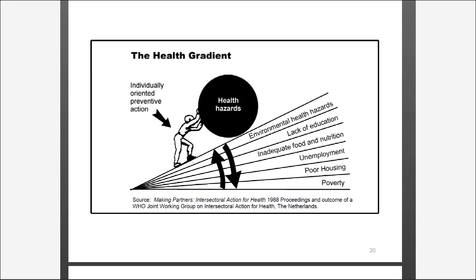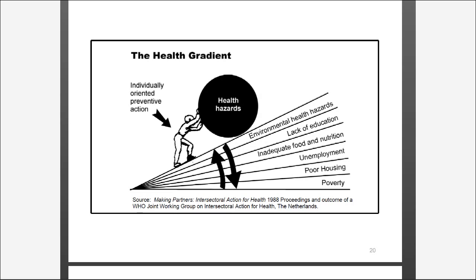And we know that because this gradient is being held up by a number of different issues that disproportionately affect people lower down the ladder. So the environmental health hazards that you get by living closer to a factory or a major roadway, the lack of education that you might experience, or at least the relative lack of education if you are an Indigenous child in this country because of differences in funding, for example, or if you live in a neighborhood in a city that just isn't well served by schools.